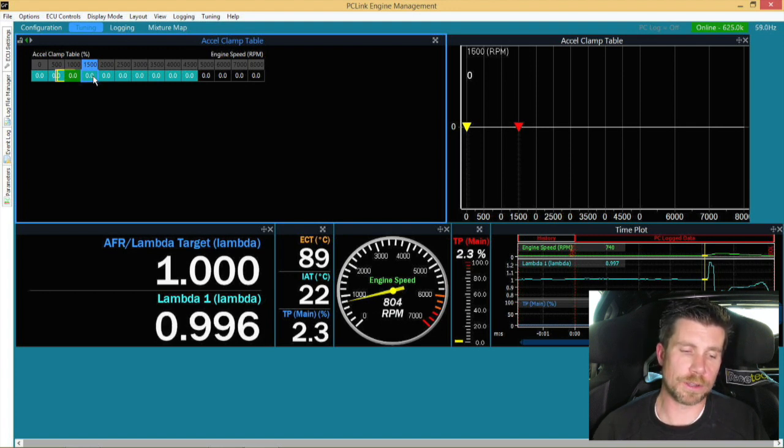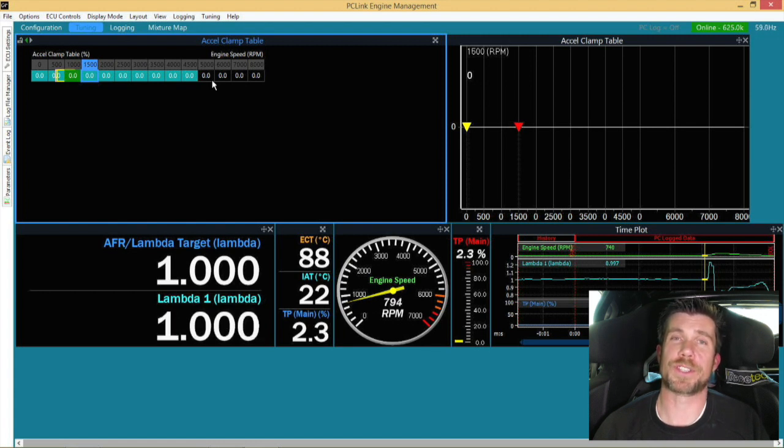Then you'll find a general trend with this table: as the RPM increases, you need less and less fuel. And again, in my experience, generally somewhere around this 5,000 RPM point, you will find that you don't need any acceleration enrichment.